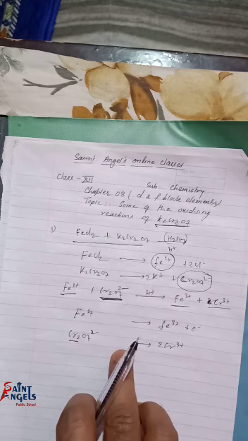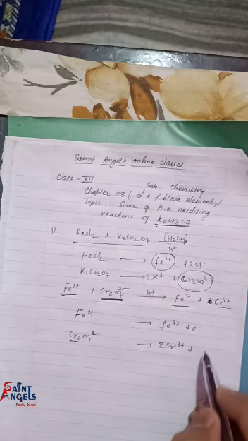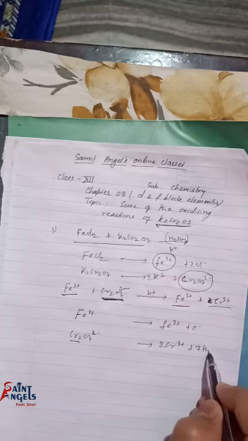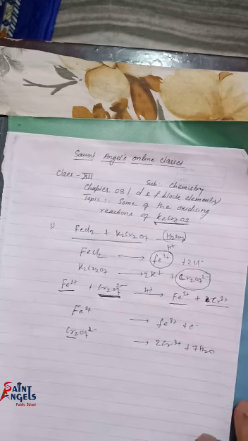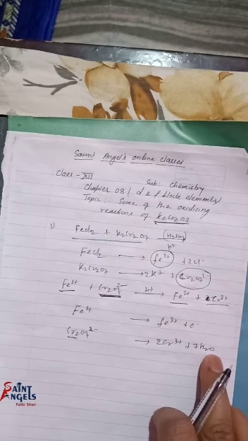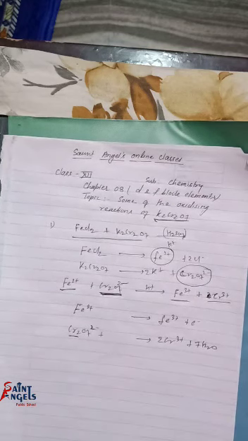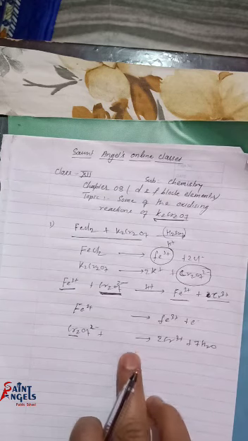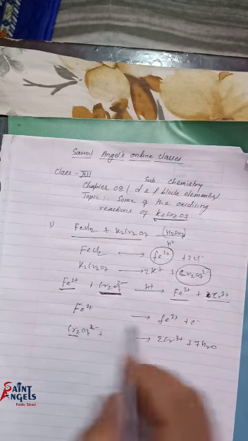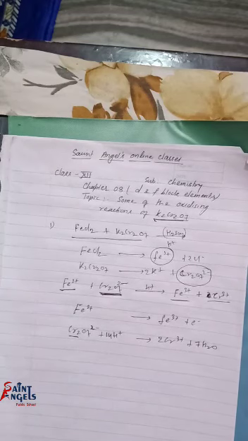In acidic medium, how to balance the oxygen? You have to put 7 water molecules where oxygen is less, and on the opposite side you place double the number of hydrogen ions, so it will be 14H+.